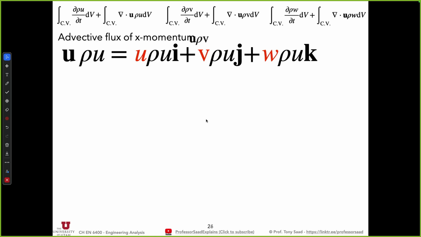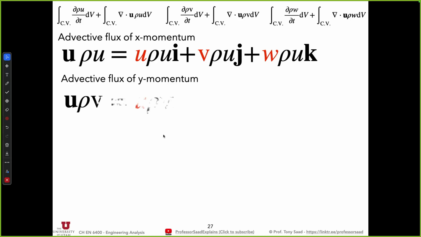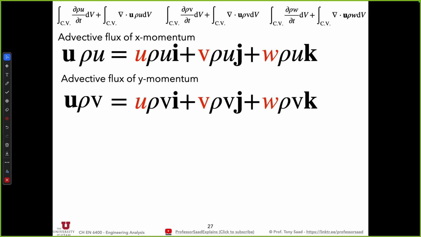All right, next comes the advective flux of y momentum. Y momentum is rho v, y momentum per unit volume, and it's being advected by that same velocity vector field. And the y momentum advective flux is being brought in by the x component of velocity, y component of velocity, and z component of velocity.